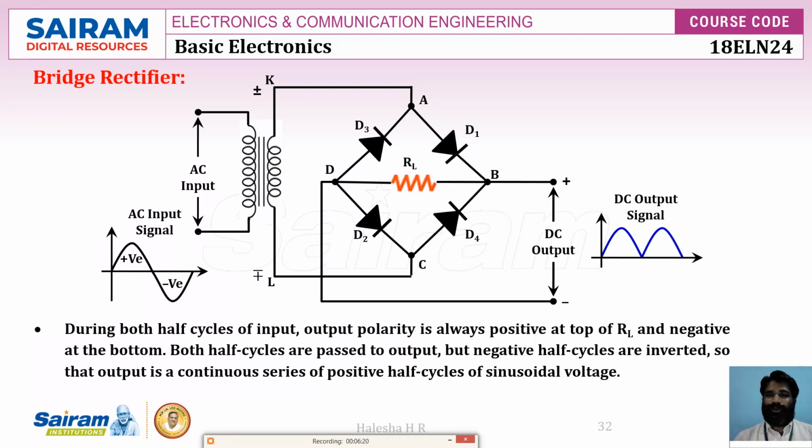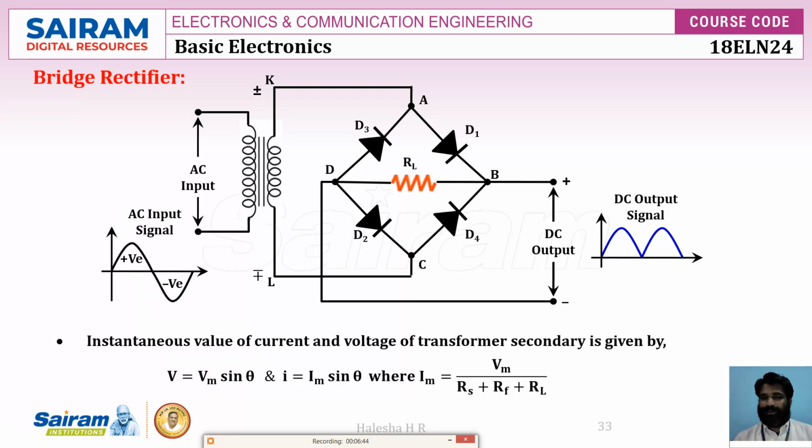So during both half cycles of input, the output polarity is always positive. Both half cycles give positive output, but the negative half cycles are inverted, so the output is a continuous series of positive half cycles of the input sinusoidal voltage.